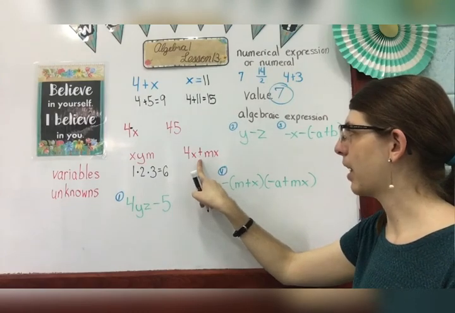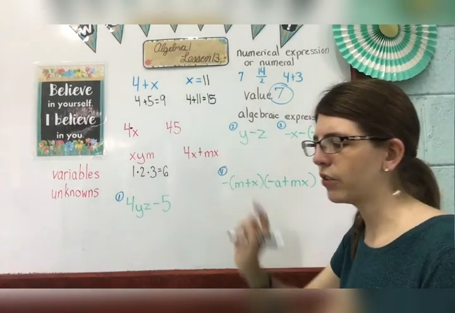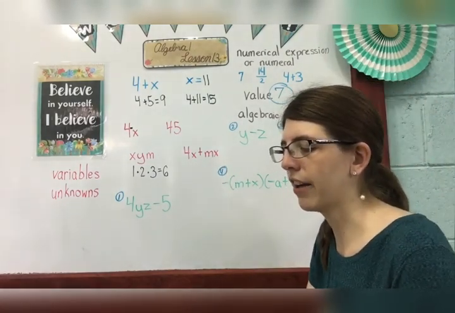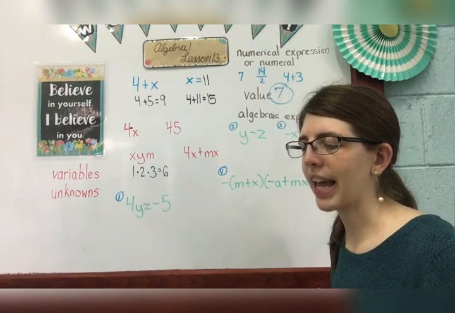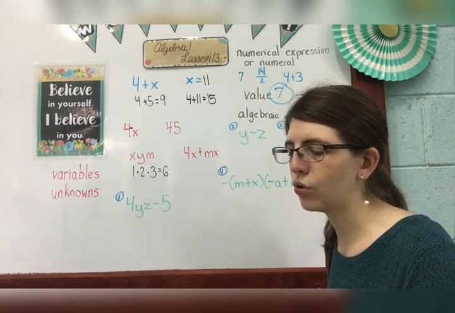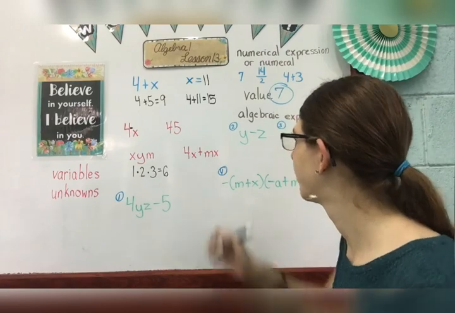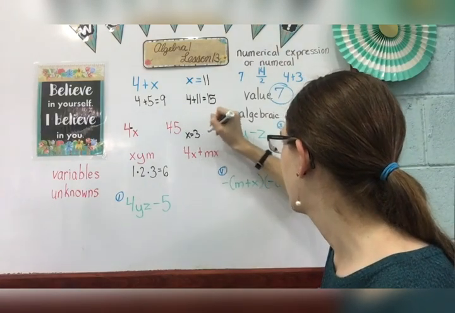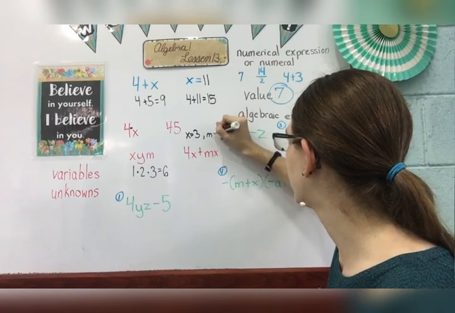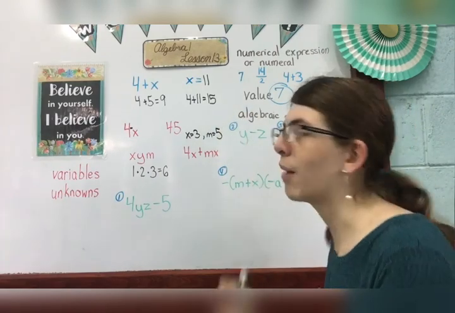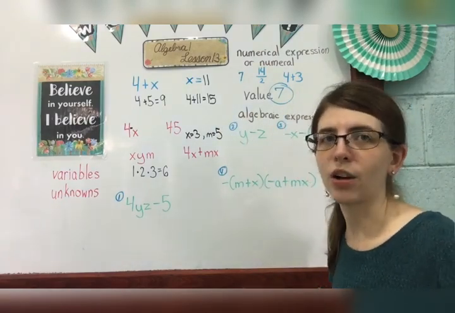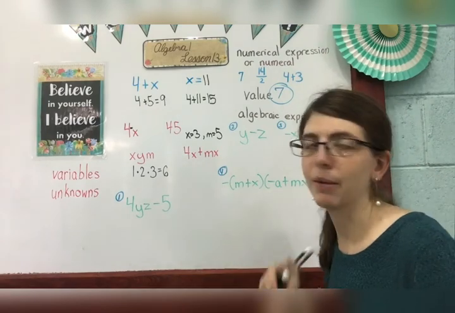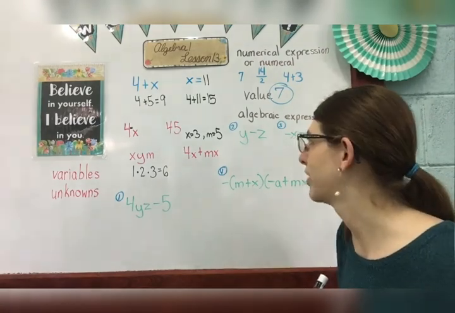Look at this one. I have 4x plus mx. So I need to put in the correct value for those. Let's say that my x is equal to 3, and my m is equal to 5. Your problem will always tell you what these are equal to. I just didn't have time or space to write it on the board before I started.